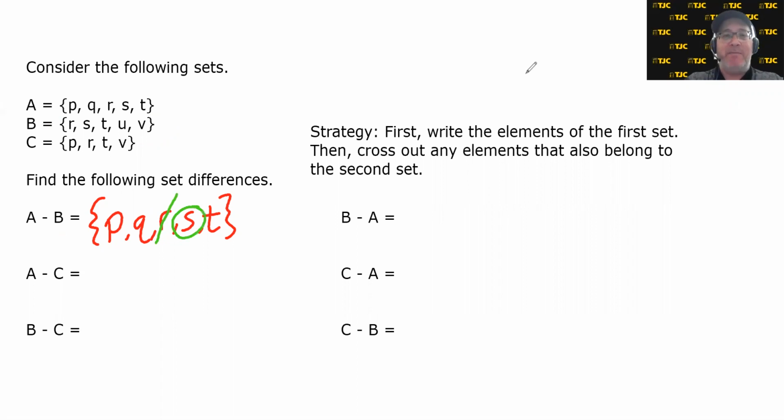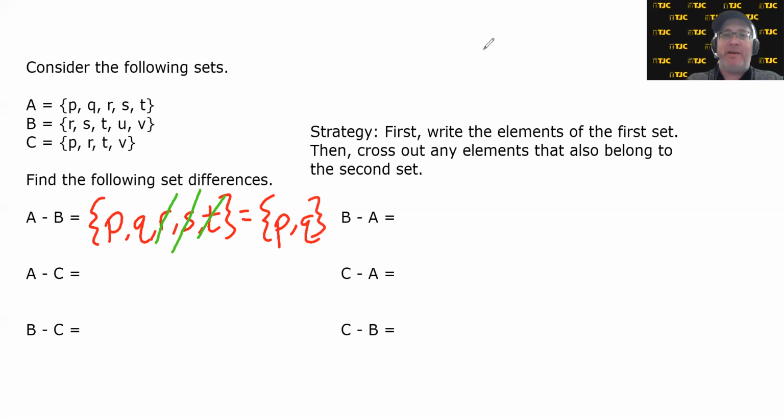Does it belong to set B? It does. We are removing the elements from set B. So we're removing the R, we're removing the S, and we're removing the T because it also belongs to set B. Whatever is left over is your answer. A minus B is the set containing P and Q.